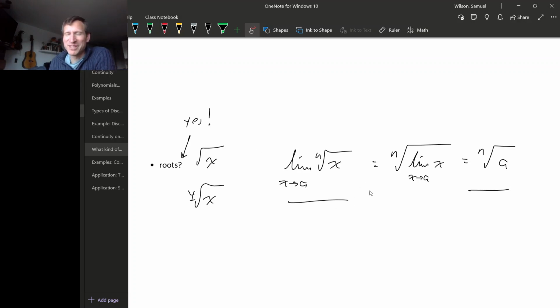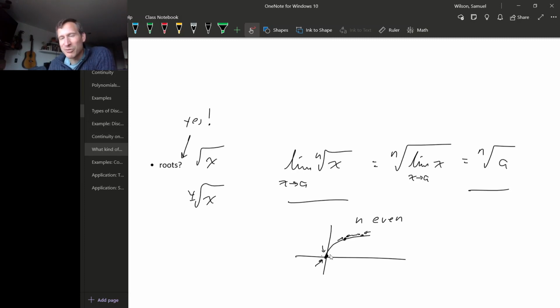With possibly one slight little wrinkle, I guess. If n is even, so we're talking about an even root, its domain is actually just non-negative real numbers. And so whether you count it being continuous at 0 or not kind of depends on what you mean by continuous. So for all these x values over here, it's no problem. It's continuous, but there's a little wrinkle at 0 because it can't be continuous from both sides because the domain doesn't extend onto both sides of x equals 0.